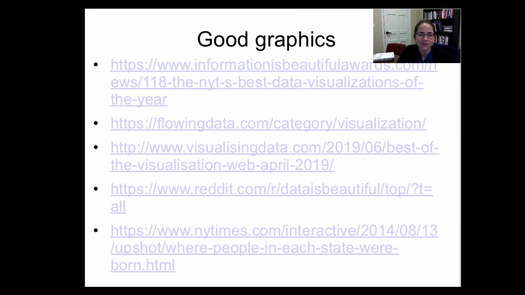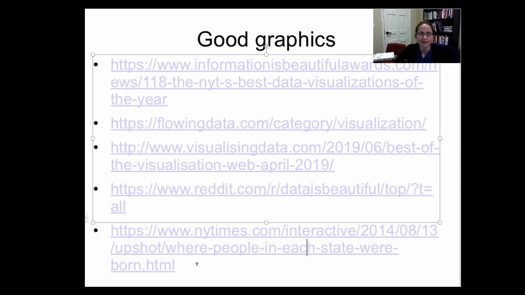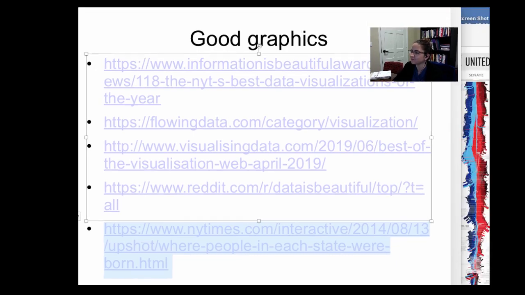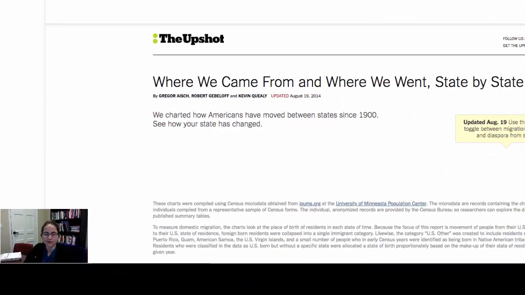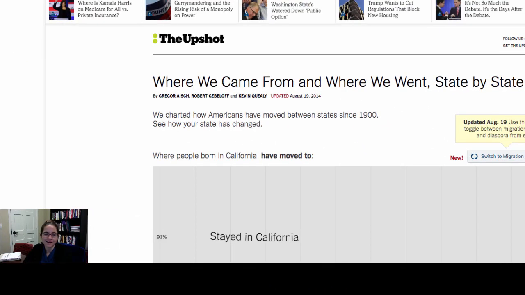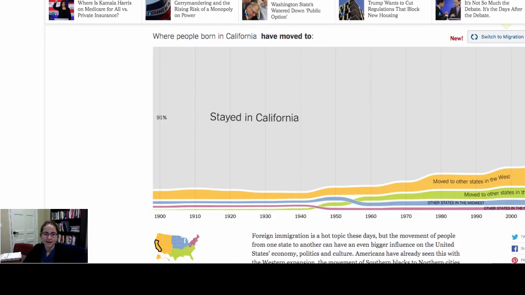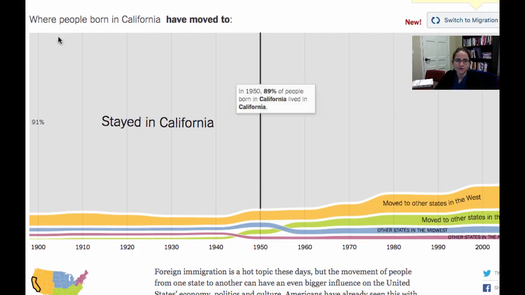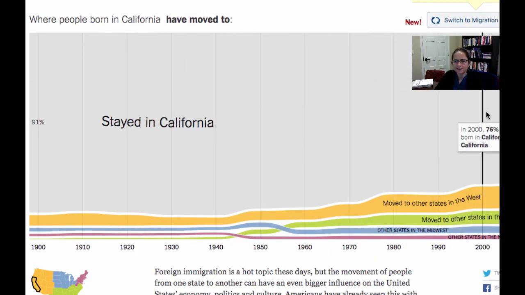And then I chose my particular favorite graphic from the New York Times, which shows where people in each state were born, which is a really fun one because you get to track how much each state is growing or shrinking over time. And I'll go ahead and bring that over here. And you can see, hey, look, California. People who are born in California generally stay in California, but if they do move, they move to the West.